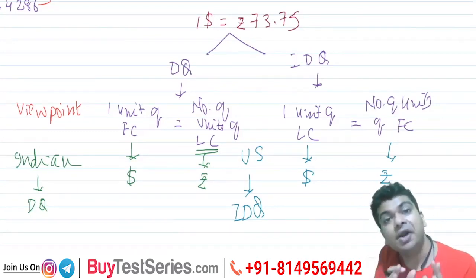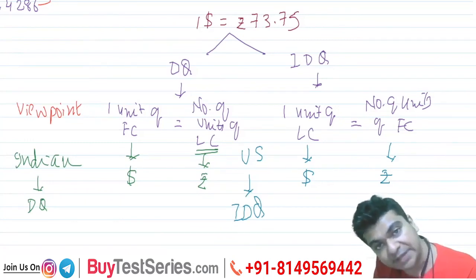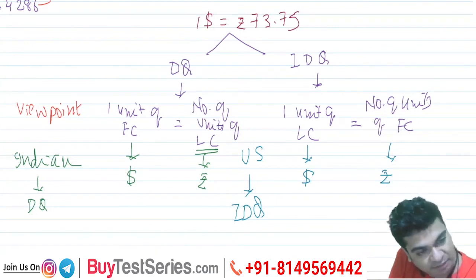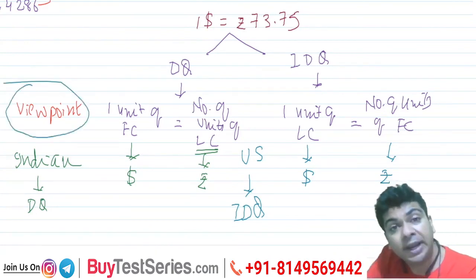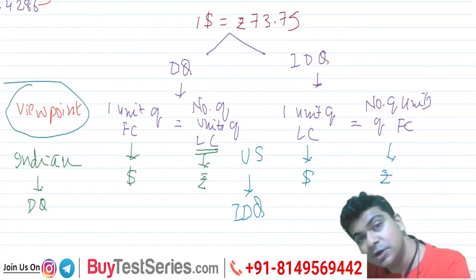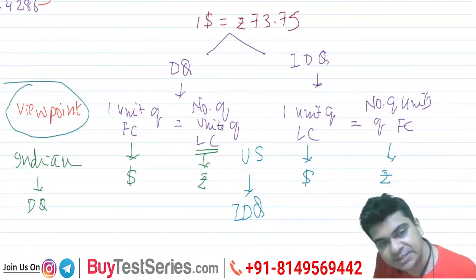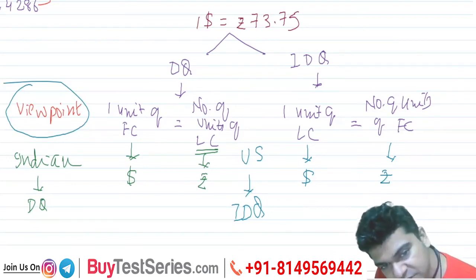So whenever you are reading any question of Forex, after you have read the entire question, ask yourself, from whose viewpoint am I supposed to answer the question? Let us say in the question, this is the exchange rate given to us.